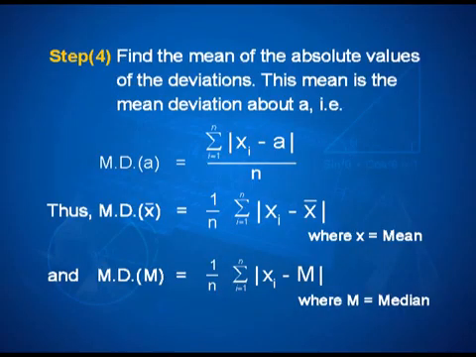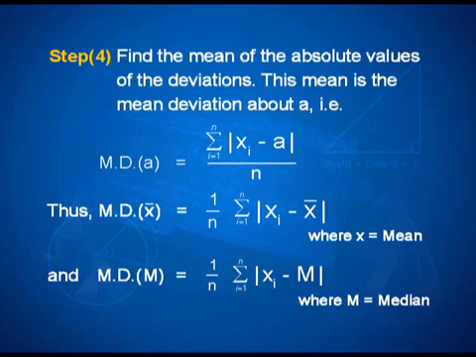In step 4, find the mean of the absolute values of the deviations. This mean is the mean deviation about A, that is, MD(A) is equal to summation i ranging from 1 to n of |xi minus A| upon n.